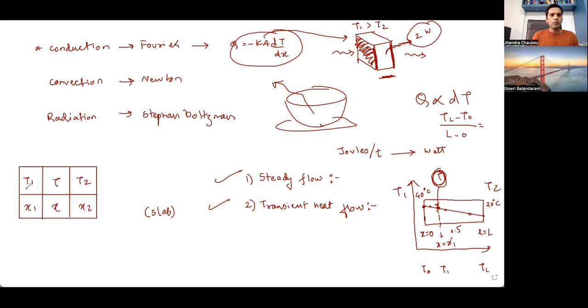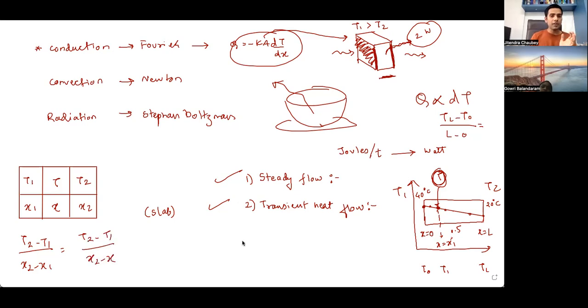So this is something you can apply anywhere, anywhere when one parameter is directly proportional to another, like a linear function. You can simply apply the relation T2 minus T1 upon x2 minus x1 is equal to T2 minus T upon x2 minus x.